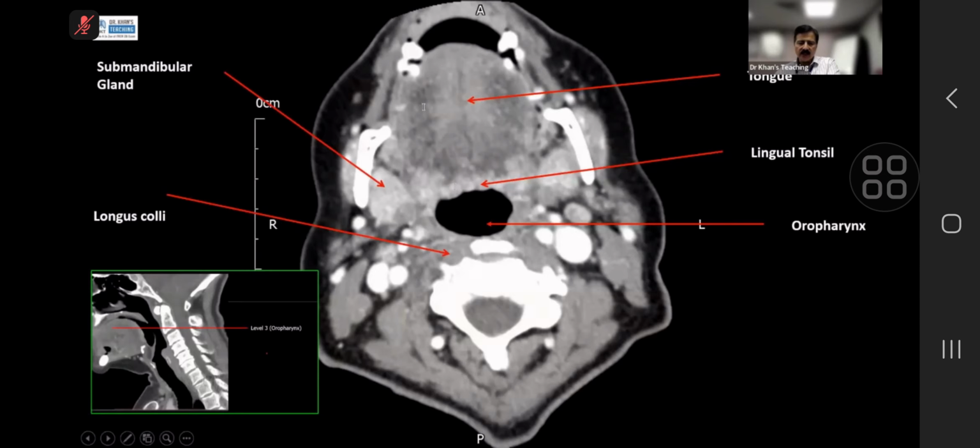And anteriorly is the tongue. Because the tongue has got a bit of fat, it appears low density also. And the palatine tonsil is just coming into view. So this is the oropharynx and the submandibular gland. Here, there is a muscle, which is the longus colli muscle. It's a landmark muscle, and we will come back to this later on.